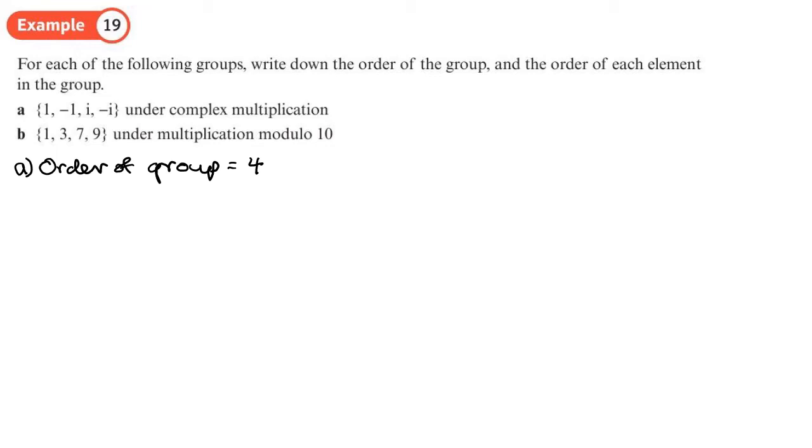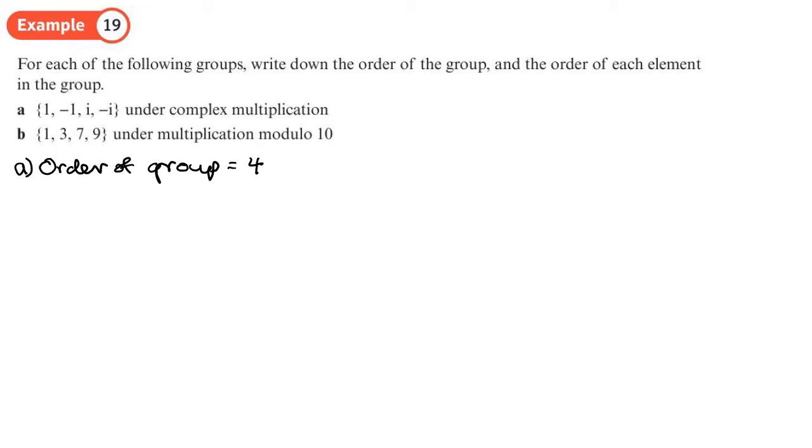Now we need to find the order of every element in the group. Now remember, the order of the elements must divide the order of the group. So these elements are going to have either order 1, 2, or 4. They can't have order 3, right?